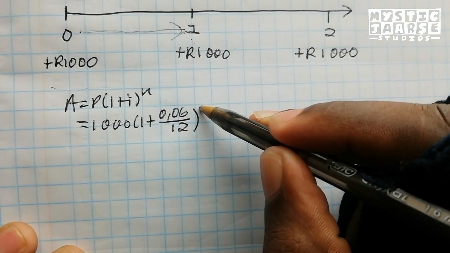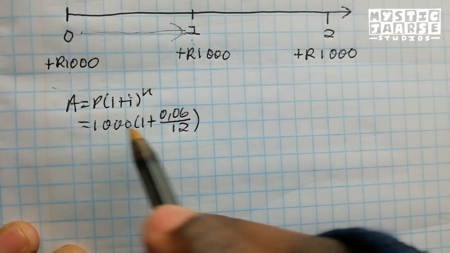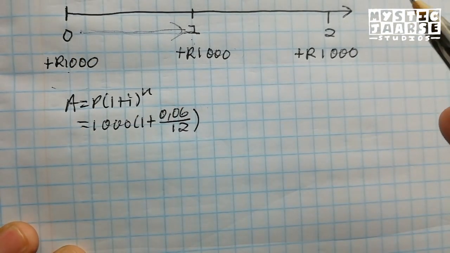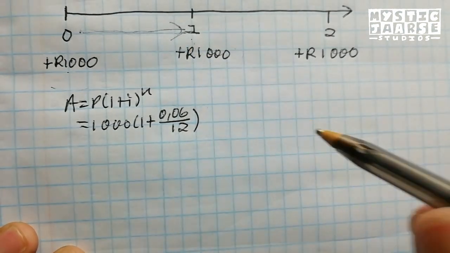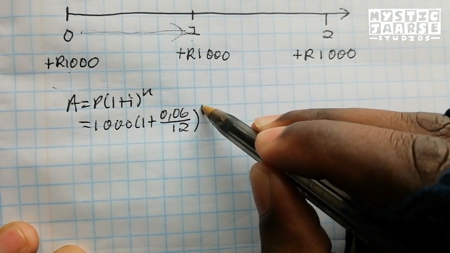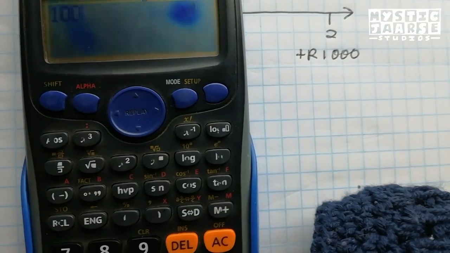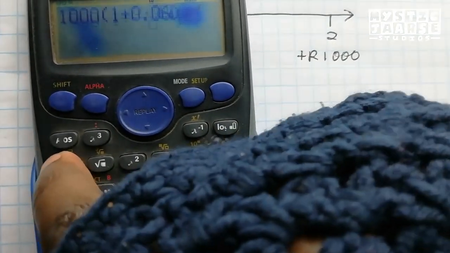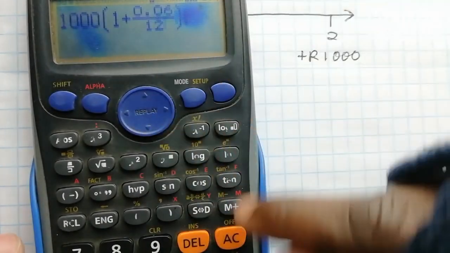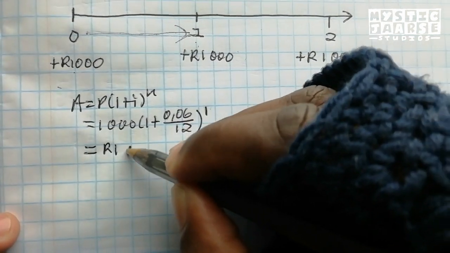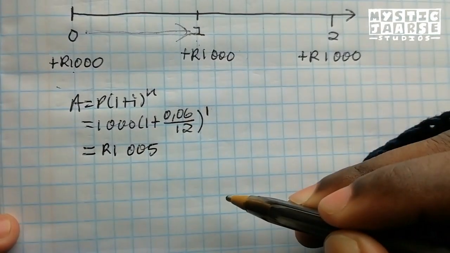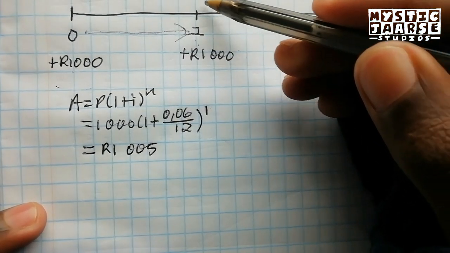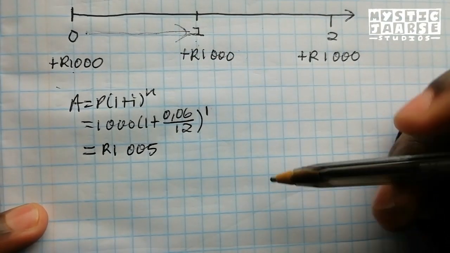So the power here is not 12, because we're not calculating how much this 1000 rand will grow for 12 months. We're only focusing on 1 month. So the power is 1. 1000 rands times 1 plus 0.06 divided by 12 to the power of 1 gives 1005 rands. So this is the amount of money that this person will be having after 1 month of investing.